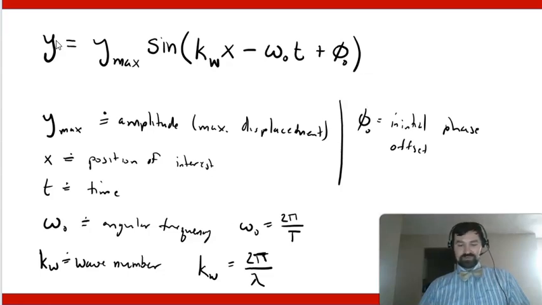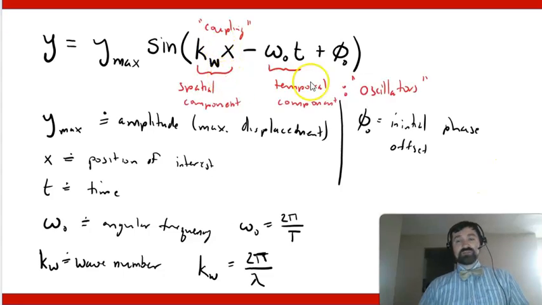You're already familiar with those from oscillation, so we could call those the oscillatory parts. In some sense, the spatial component and the temporal component are telling you the oscillatory part of the motion, and then the coupling part of this bit of wave. And then this, of course, is phase.